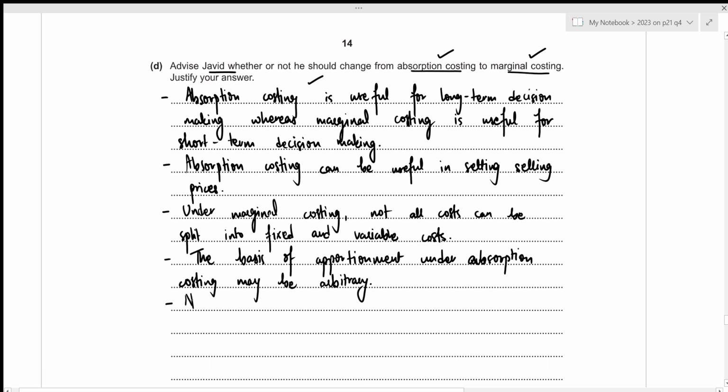Let's write it down. No need to calculate overhead absorption rate under marginal costing.